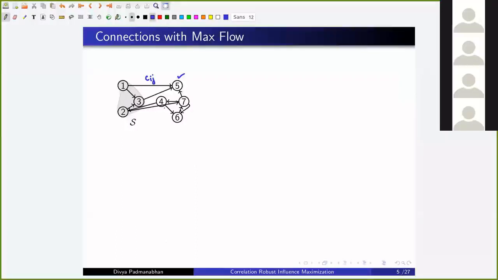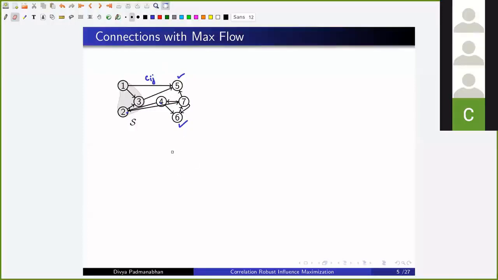I can reach the node 7. I can reach the node 6 through 2, because there's a connection from 2 to 4 and 4 to 6. And then I can reach the node 7. But the node 4, I cannot reach immediately. Or maybe I should just say there are just 2 nodes which I can reach immediately, because 7 is at the next point.